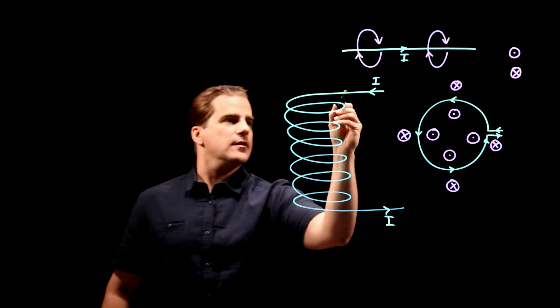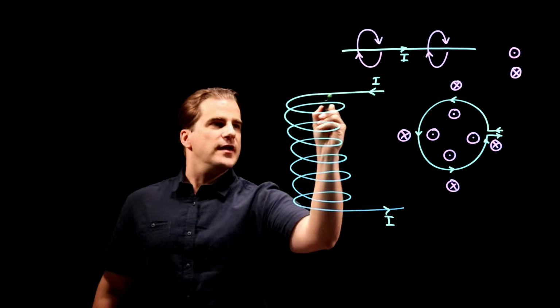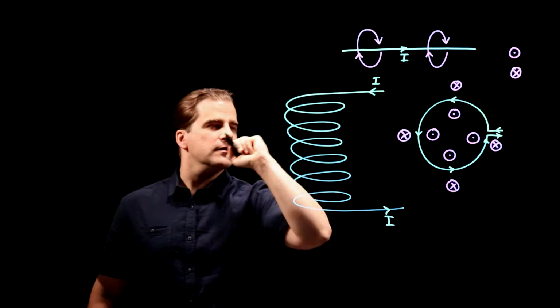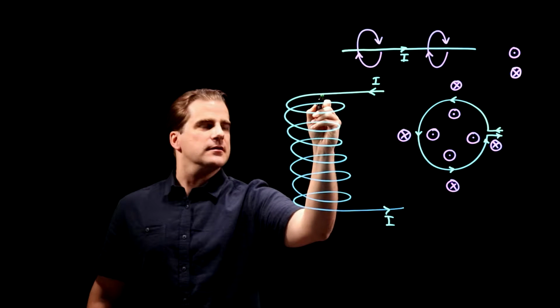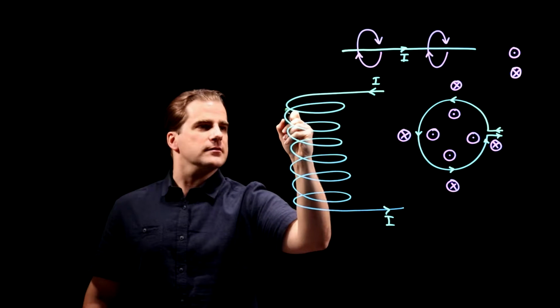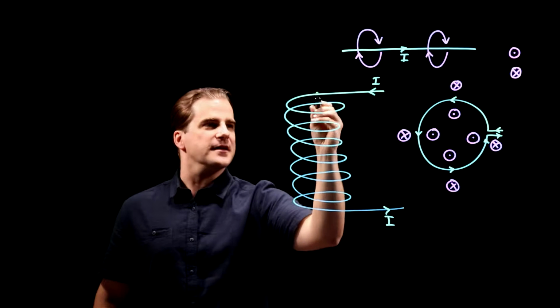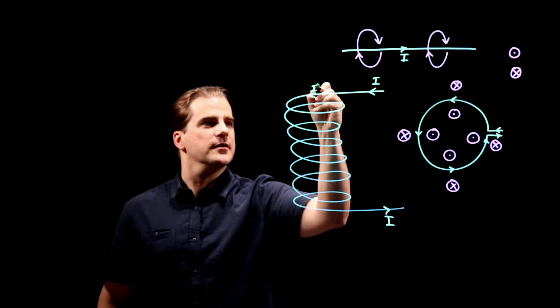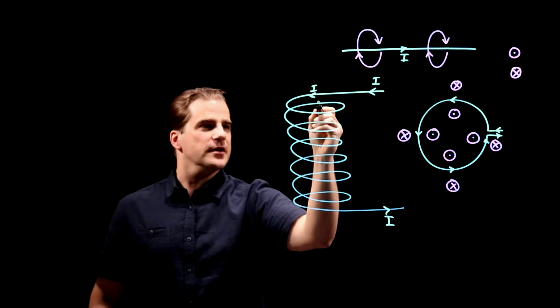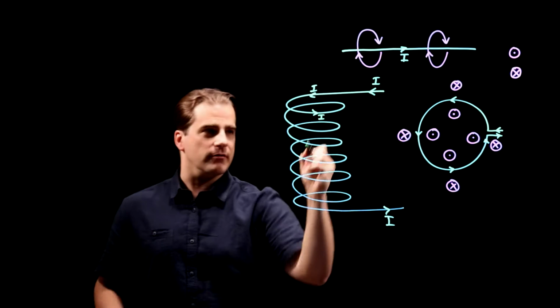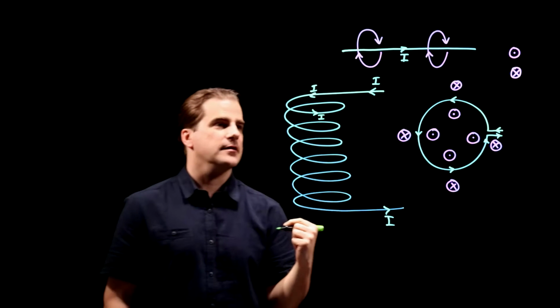So I've tried to draw it so this bit here looks closer to you and this bit is closer to me. Yeah, okay, so the current there will have that bit closer to you and comes round, and this bit here, when the current's going in that direction, is closer to me.